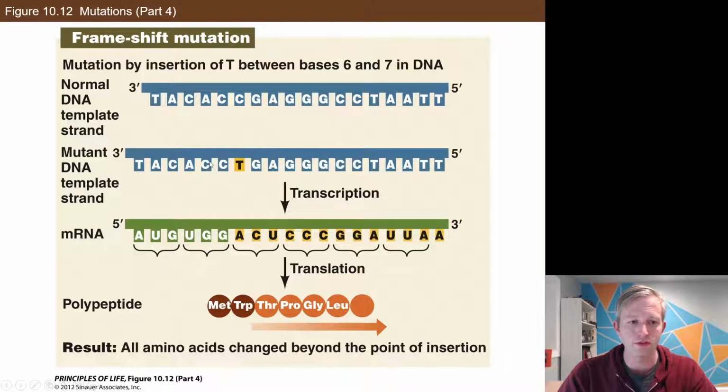And so after this point, instead of being TAC, ACC, GAG, GGC, that T now has shifted the entire set of codons, and so now this codon is different, and this one is different, and this one is different, and this one is different. And so again, it can be very detrimental to the intended effect of that protein, because now every single codon after that point is going to be wrong.